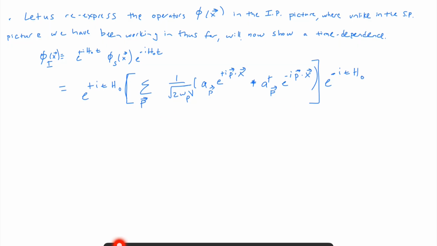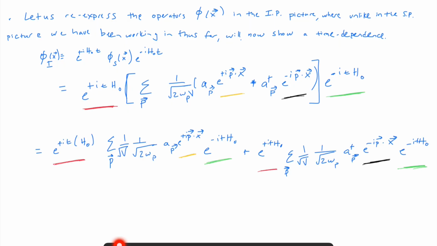And now I'm just going to kind of crank out a bunch of math here, and we'll try to be as clear as possible. So if I start expanding things out, I just take this thing and I hit it on here and I distribute it out to this side. So there's two terms, e to the plus i H naught t here. Here's this original term here, just so you can track with the yellow lines.